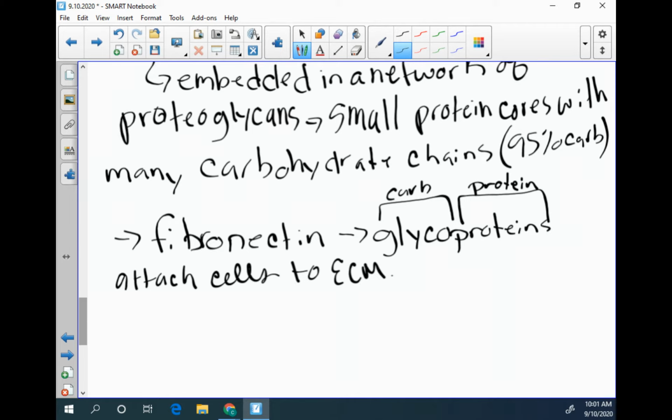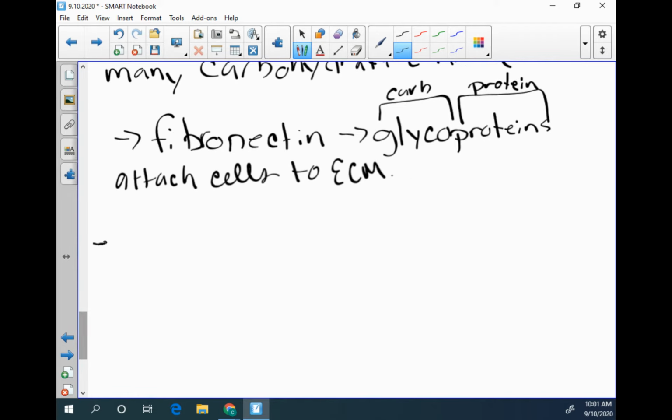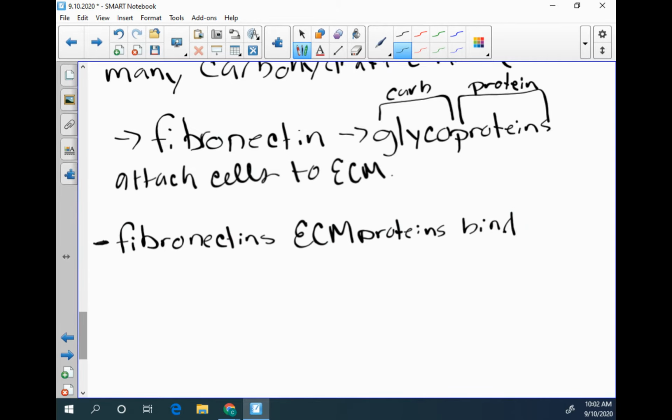And I'll show you a picture that kind of helps out. So, fibronectins and other extracellular matrix proteins bind to cell surface receptors called integrins.